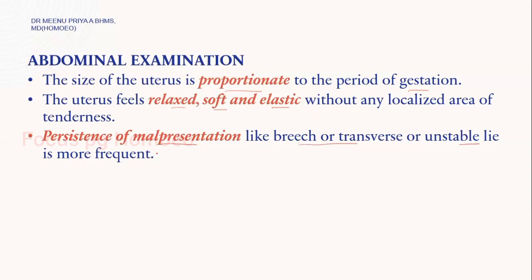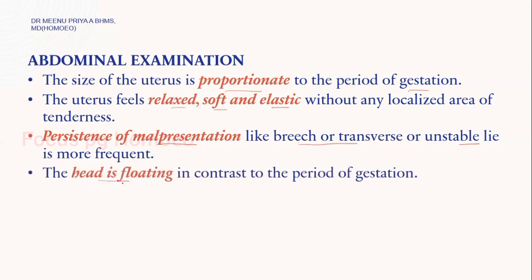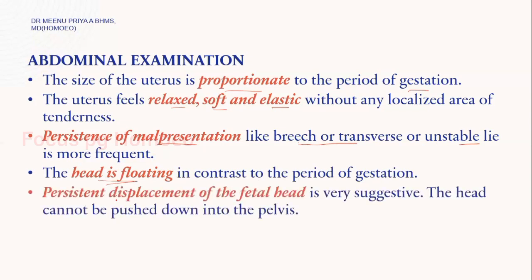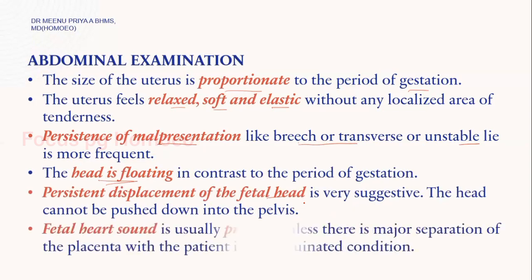And the head is floating. Why is the head floating in contrast to the period of gestation? Because engagement is not able to occur because of the low-lying placenta. The persistent displacement of the fetal head is very suggestive of placenta previa. The head cannot be pushed down into the pelvis because of the low-lying placenta.